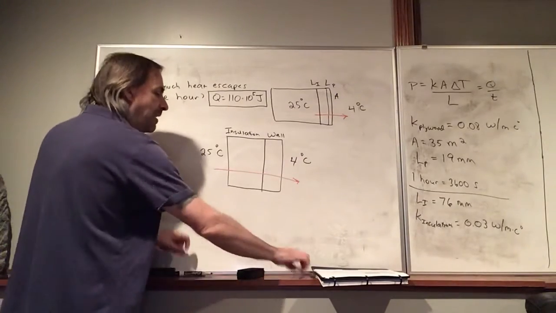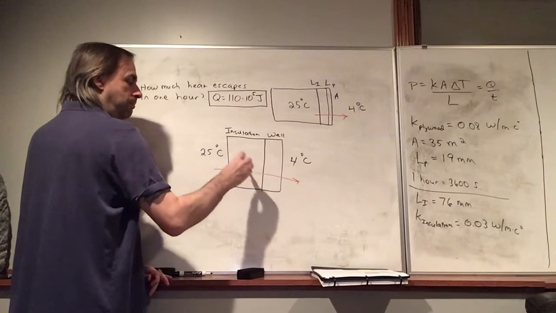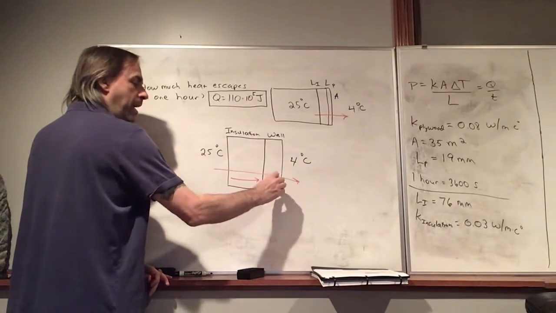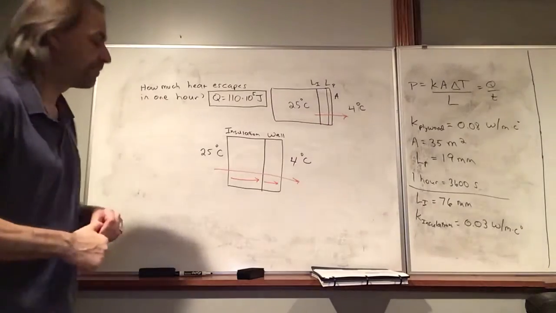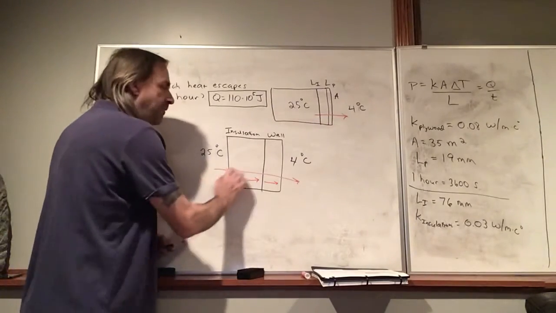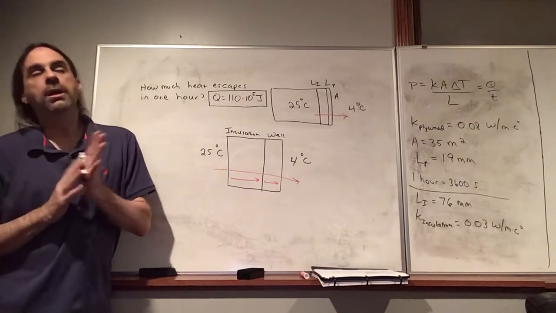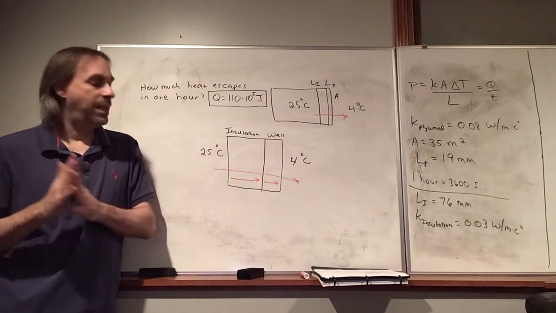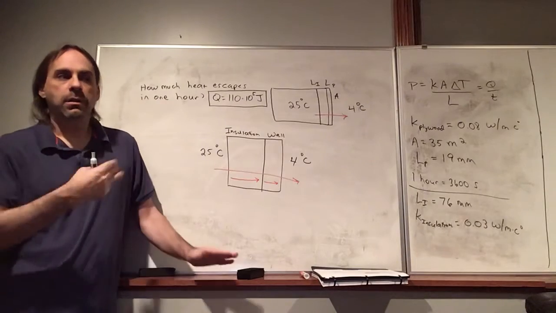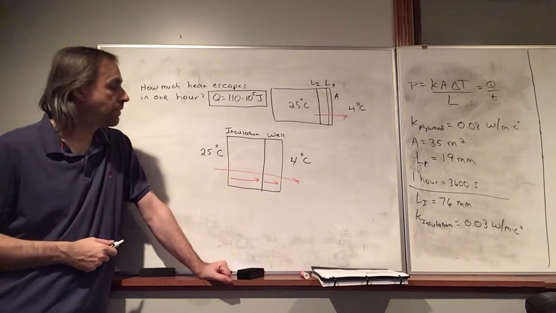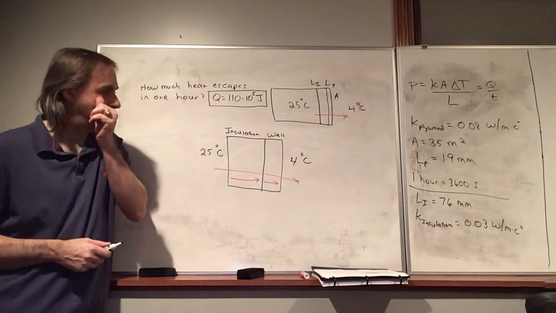And we can look at it this way. We're looking at the rate that heat is flowing. And we can say heat is flowing through the insulation and it's flowing through the wall. But the point is the rate that heat flows through these 2 materials has to be the same. They have to flow through at the same rate.